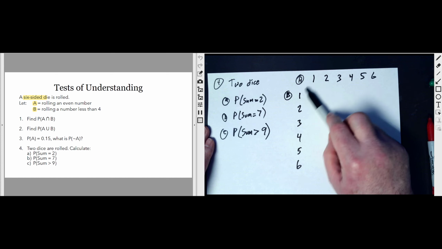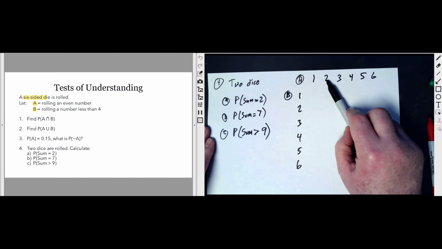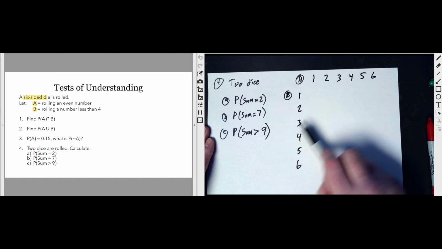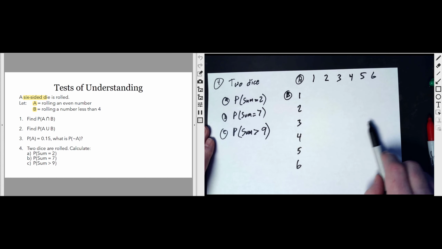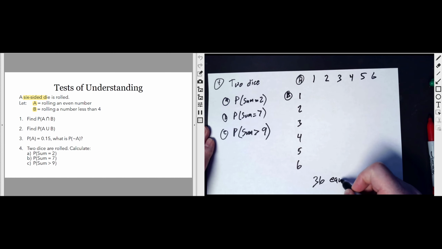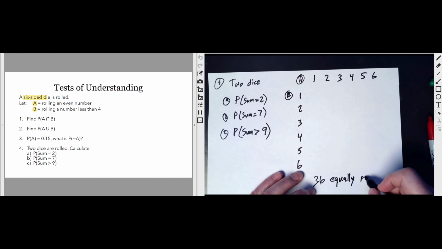A could be a 1 and B could be a 1. That's one possible outcome. A could be a 2 and B could be a 4. That's another possible outcome. A could be a 6 and B could be a 3. That's another possible outcome. So there are 36 equally likely, or maybe I should say equally probable, outcomes.